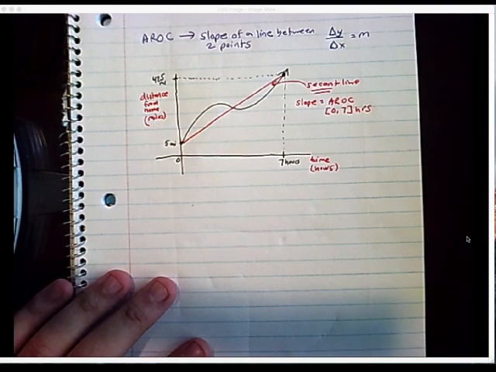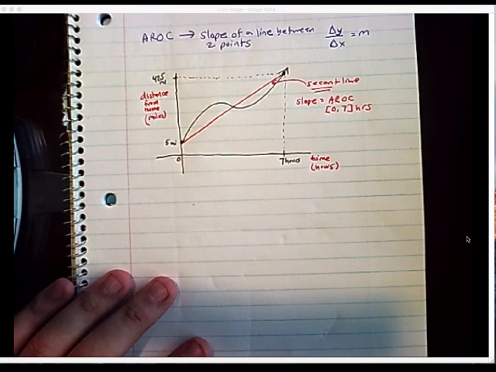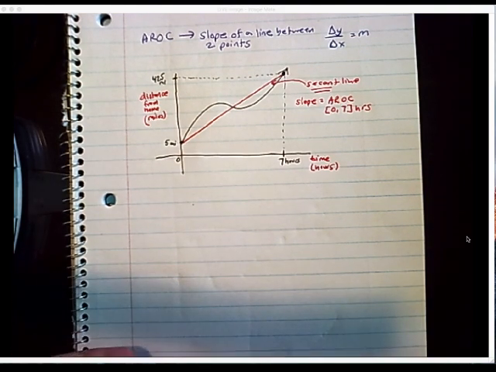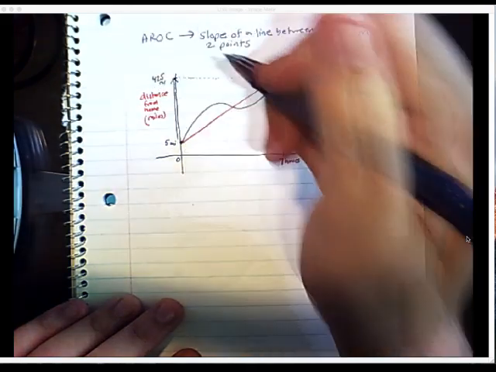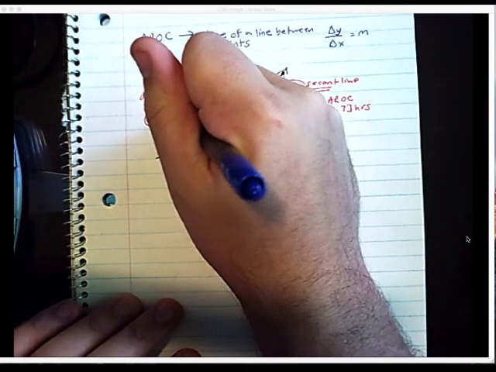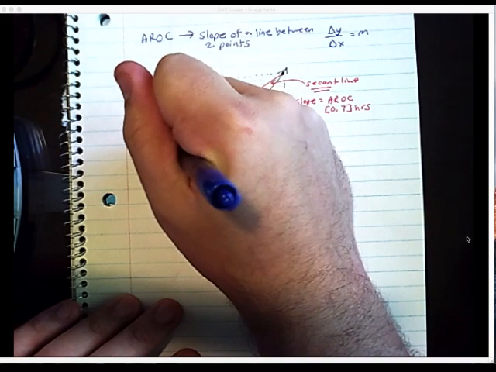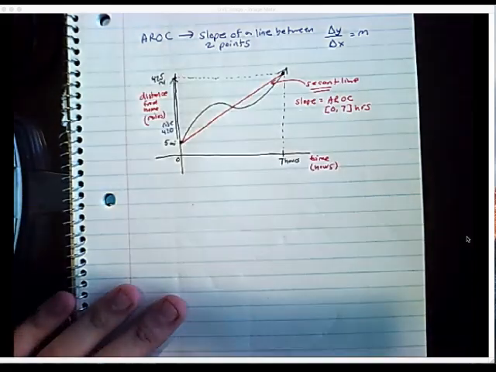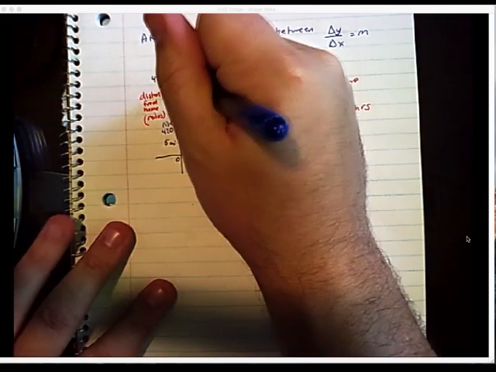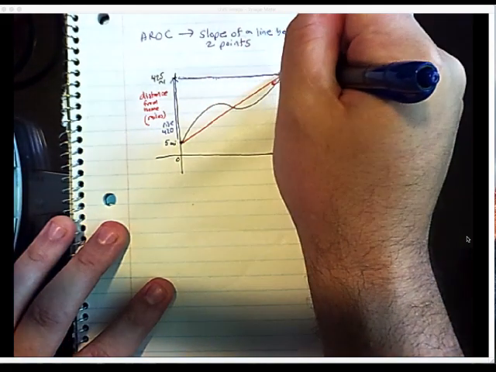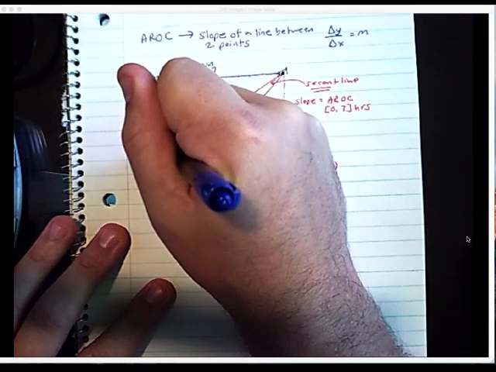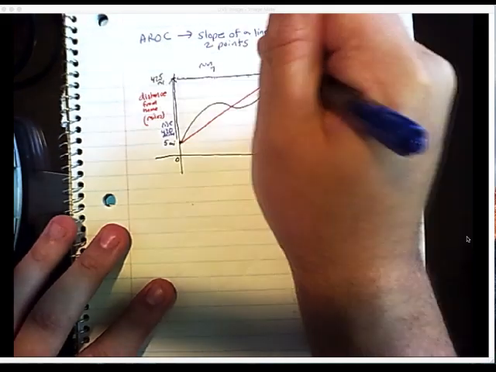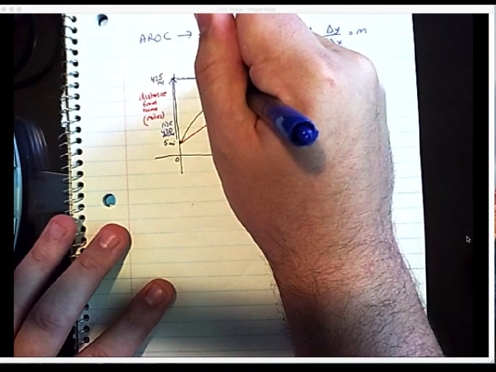So how would we actually find that slope? Well, a slope is just a rise over a run. Okay, so we're going up from 5 to 425. So we're rising 420 miles, and we're running 7 hours.